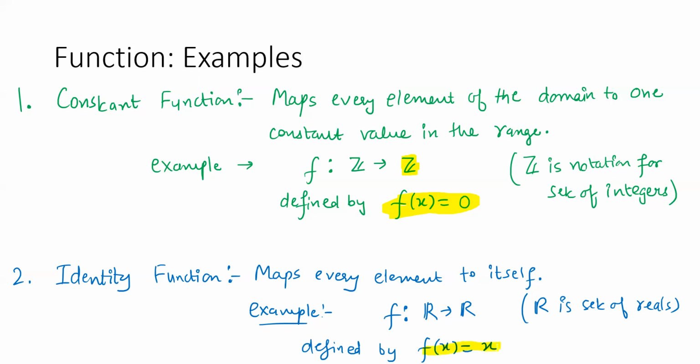Like 1 will be mapped to 1, square root 3 will be mapped to square root 3, pi will be mapped to pi. Be it any real number, its image is going to be the same number itself. So this function comes under an important category of functions and is known as the identity function. These are the standard examples.